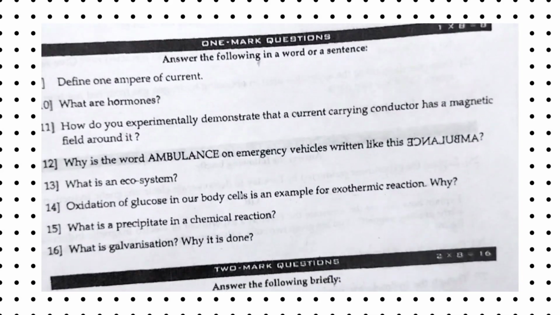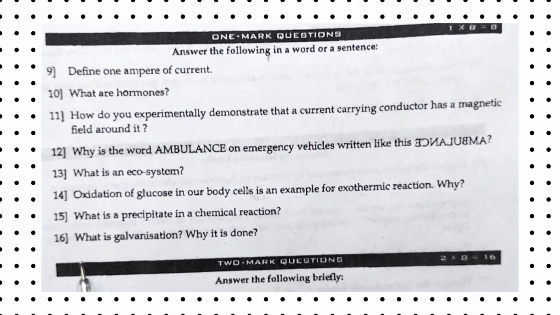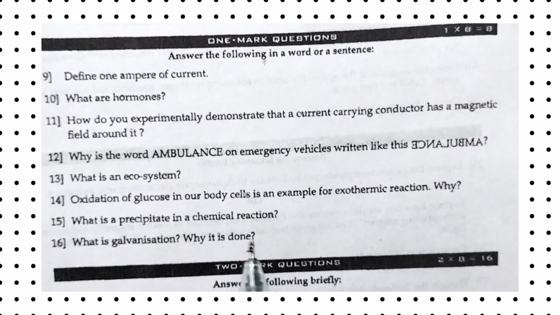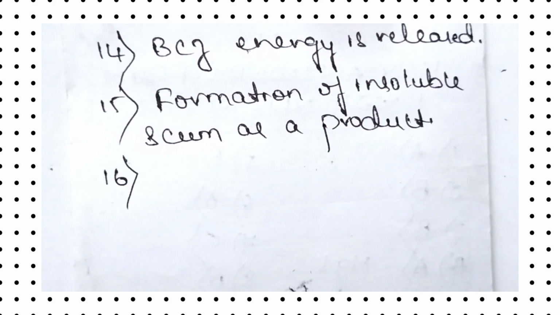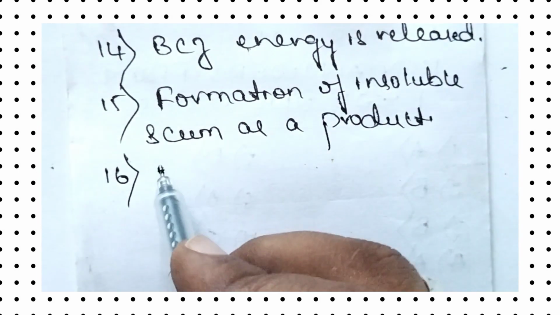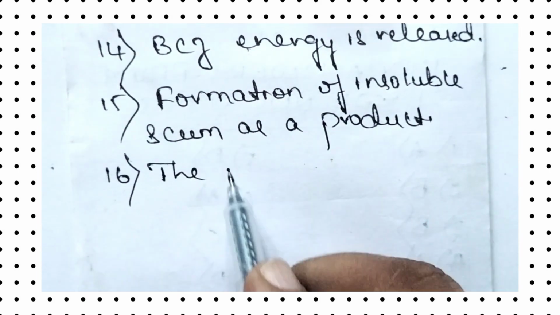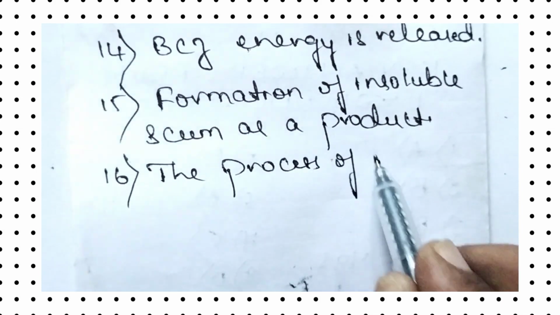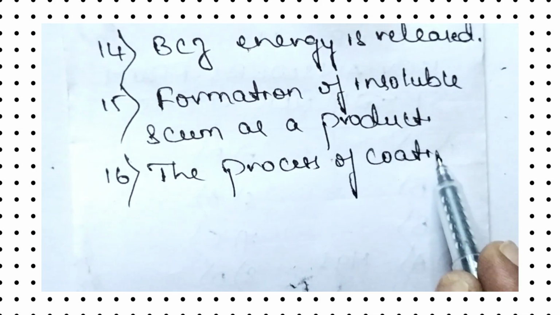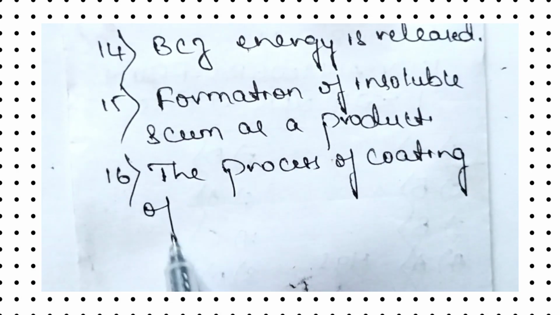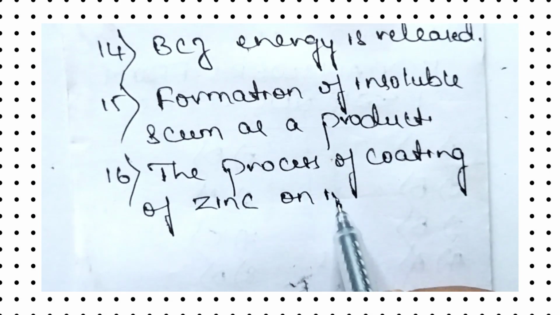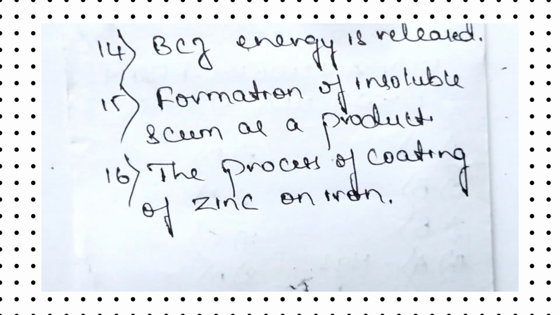So now let us move to the 16th question. What is galvanization? Why is it done? What is galvanization? The process of coating zinc on iron is called galvanization.